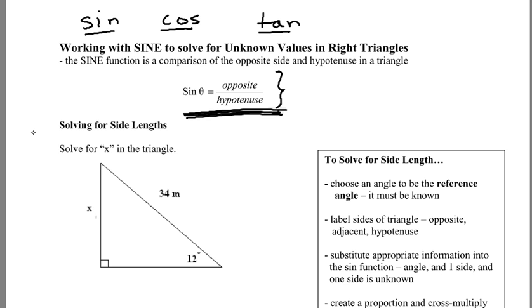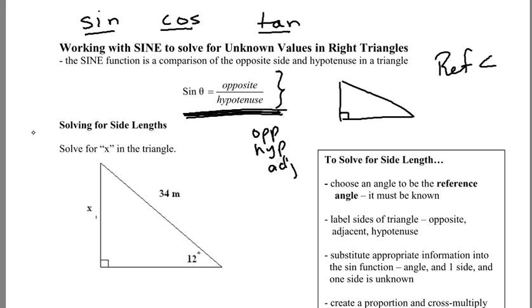Last day we looked at how every triangle can have sides labeled opposite, hypotenuse, and adjacent. But what did we need first? We need the reference angle. We need to figure out which angle to work with so we can label the sides. And now we're going to start working with the trig ratio. All these little bits and pieces we've done are going to start coming together, hopefully.